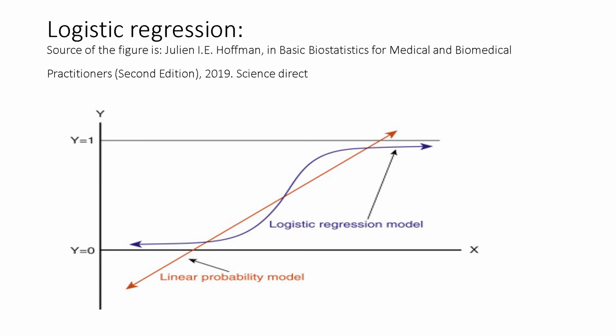It will become linear if we take the ln, not the actual value of y. This is why we use the ln odds ratio as the y rather than the actual value of y, to make the relationship between the y and the x's linear.